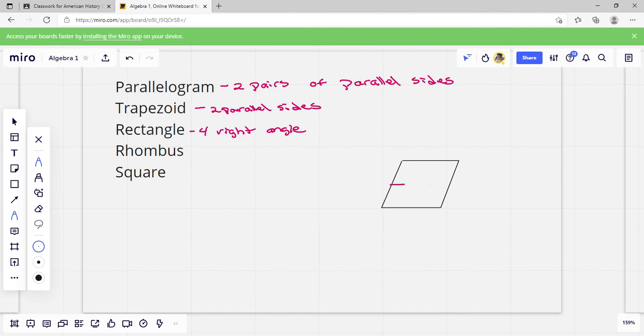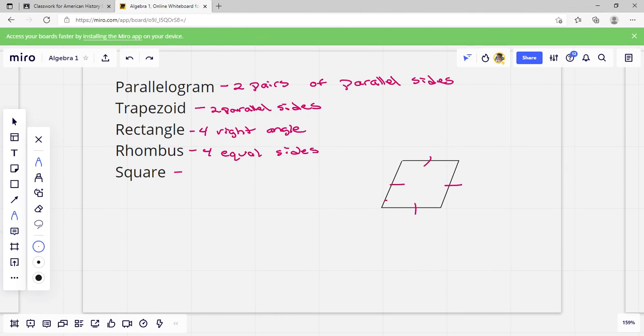So this one and this one and this one and this one are all equal. So 4 equal sides. But the angles aren't equal. These are skinny, those are fat. Like this one's an acute angle, whereas that one is an obtuse angle. Okay, the angles aren't the same.